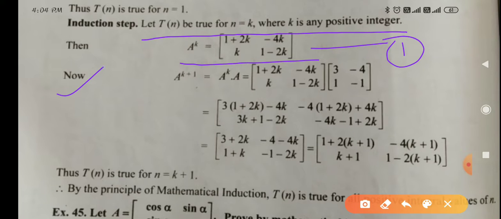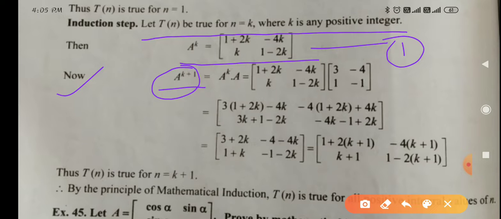Now A to the power k plus 1 you have to take. In that chapter you were doing these 3 steps. In the third step, in RHS, in place of k, if you bring k plus 1, then your statement is true for every value of n.